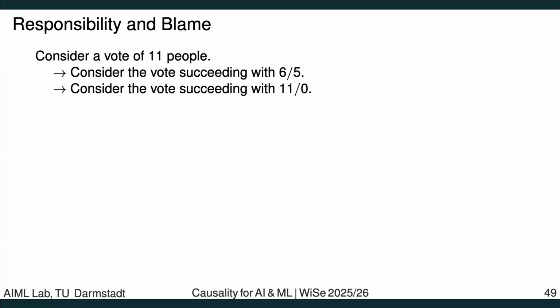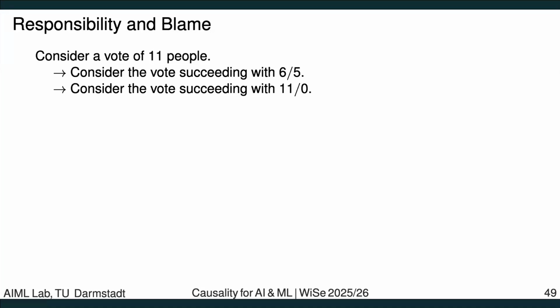Under certain circumstances, if the vote goes through 11-0, then it's really clear, but any of those participants could have switched their opinion and the vote would still have gone through.